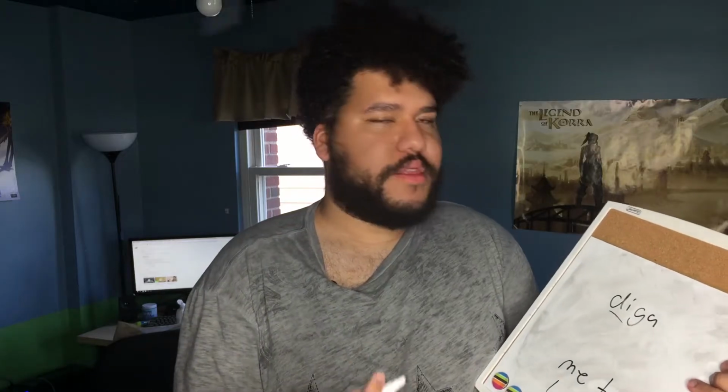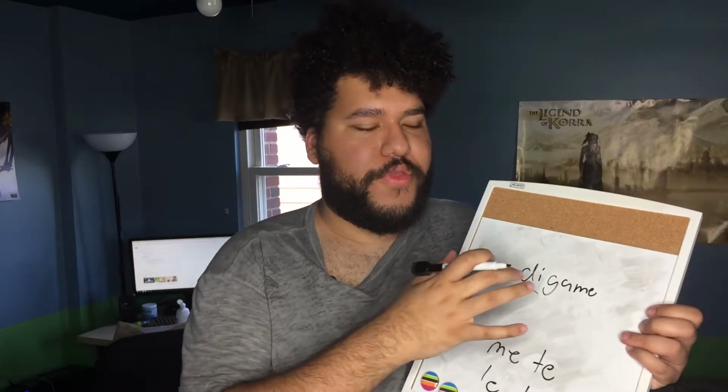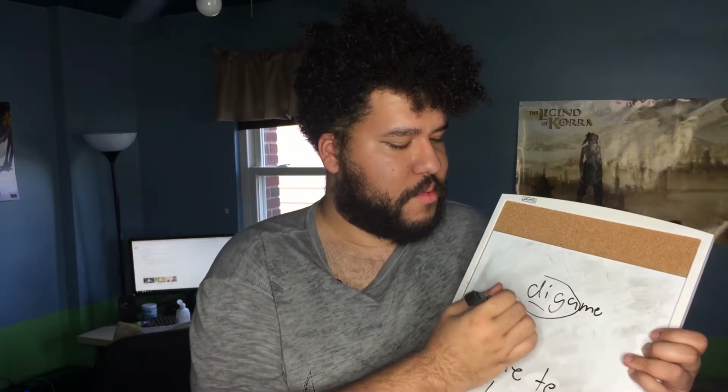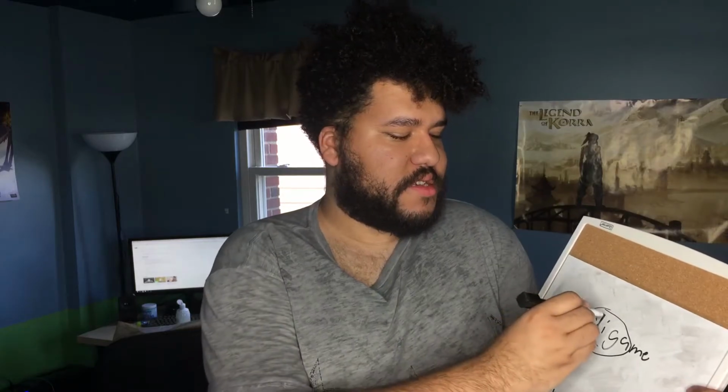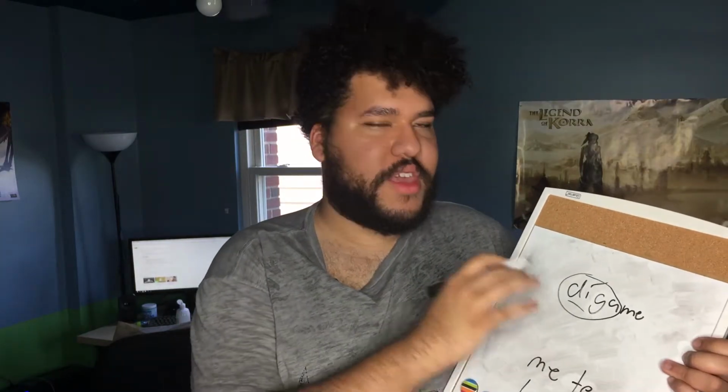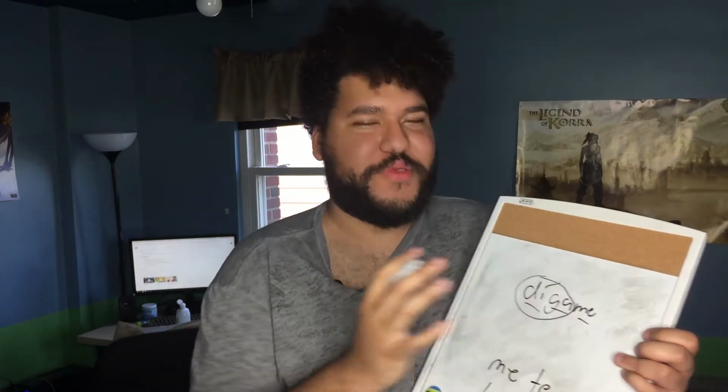But if we want to add, let's say, me, dígame. The root word will be taken into account, and you just add an accent, because this is now the first syllable of three syllables. And then you can say dígamelo, add another one, and it's the same thing. That part is confusing. You can just ignore that if it makes no sense, but I know in writing, I always get tripped up with this.